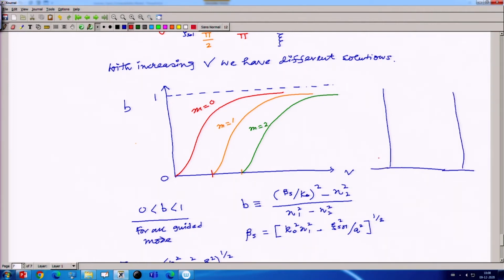So, this is the fundamental mode, the red one, for m equal to say 0. First order mode, it is like this, m equal to 1, and again I have a symmetric mode like this.